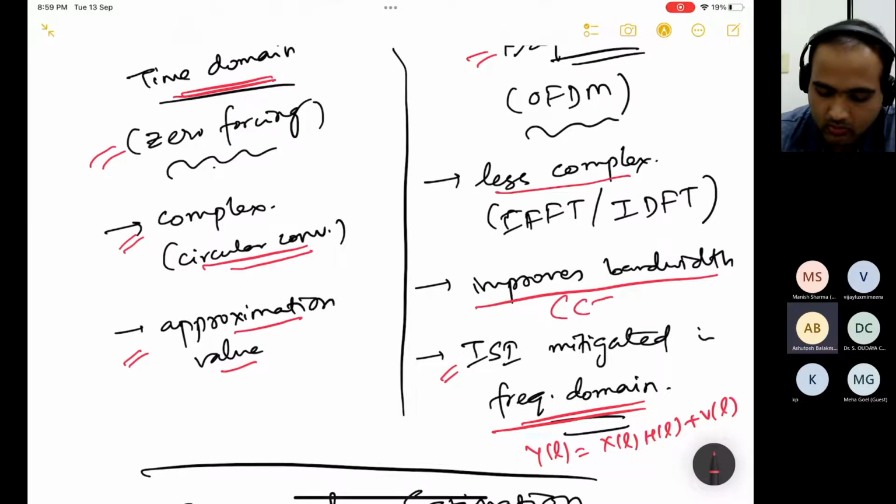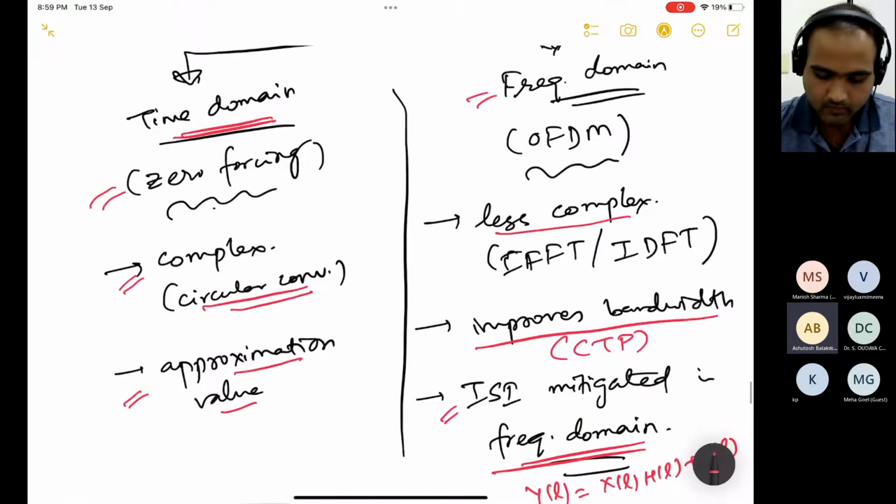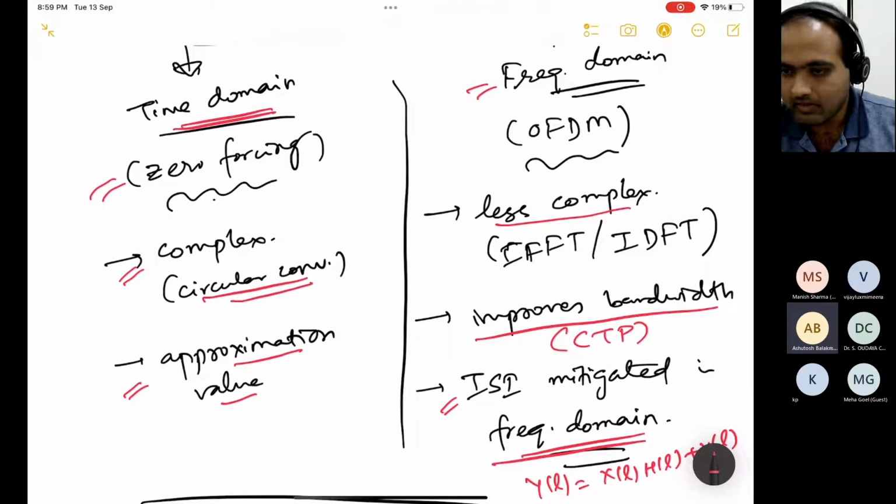How? If you use the comb type transmission, then you only need two pilots and you can estimate all the 4 channel coefficients as compared to the time domain strategy, right? So this is a quick and brief summary.